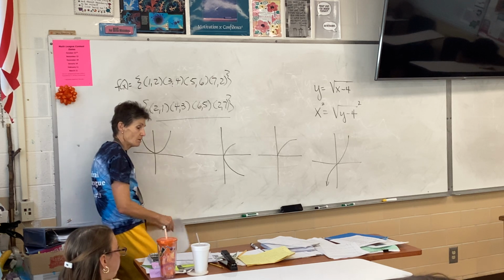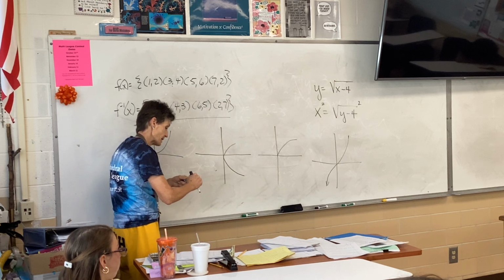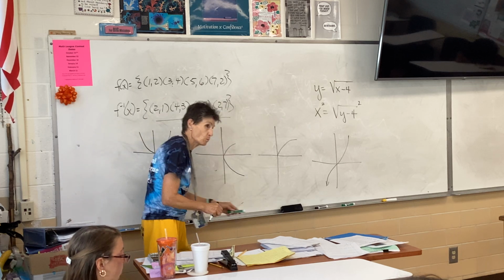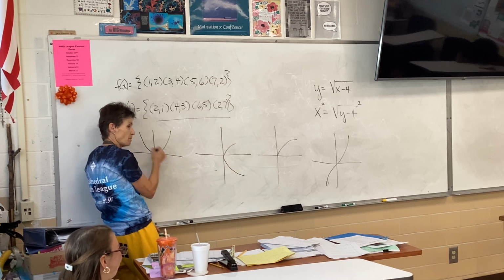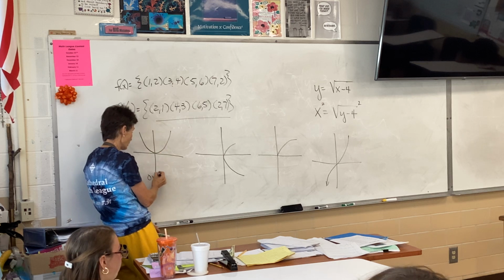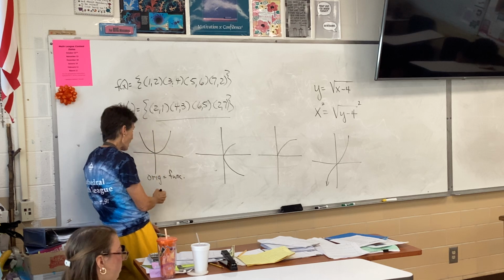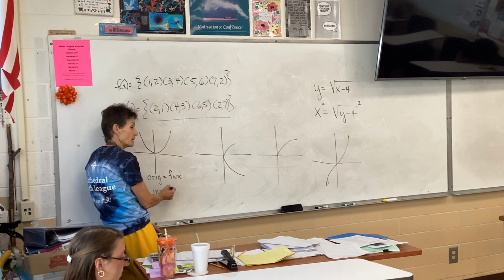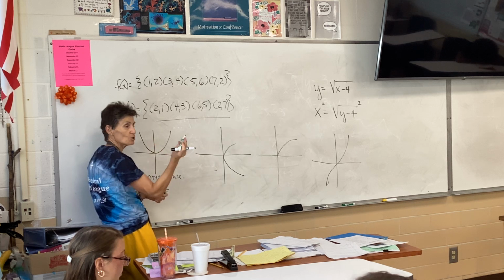Okay, now wait, I heard some yeses, and I'm okay with you guessing yes, but let's talk about why you're wrong. Is this a function? This picture right here, is it a function? Yes. So the original is a function. Now, inverse it. The inverse would not be a function. I'm going to show you something.